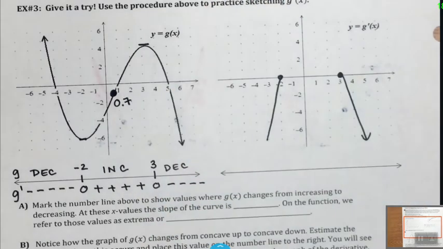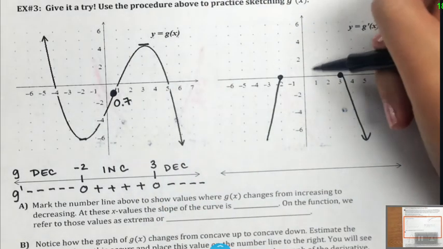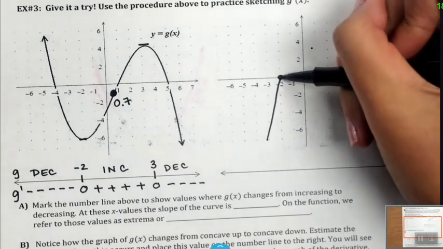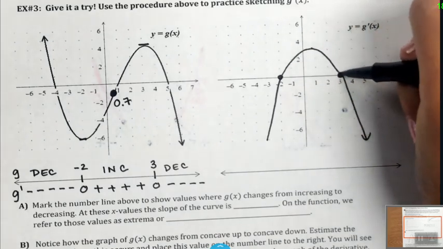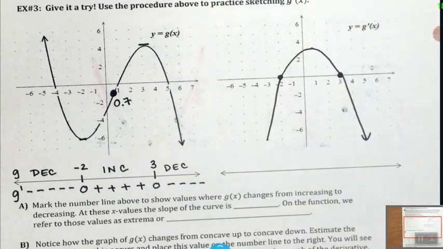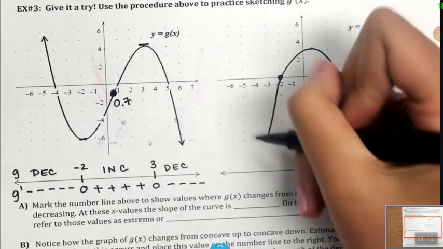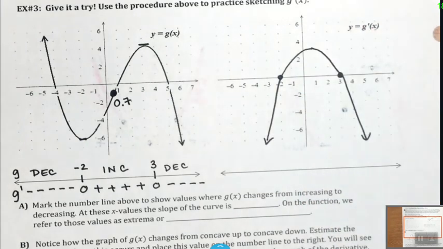Let's go with 0.7. All right, so at 0.7, then you should hit a maximum on your first derivative. So you're increasing, so you're positive. So this would be your graph of your G prime. Okay? Good? Better? Cool.